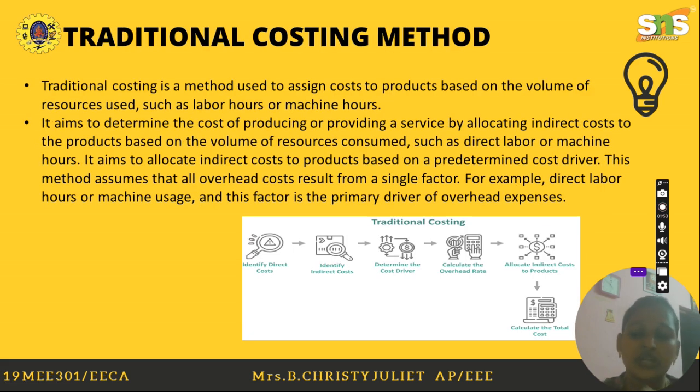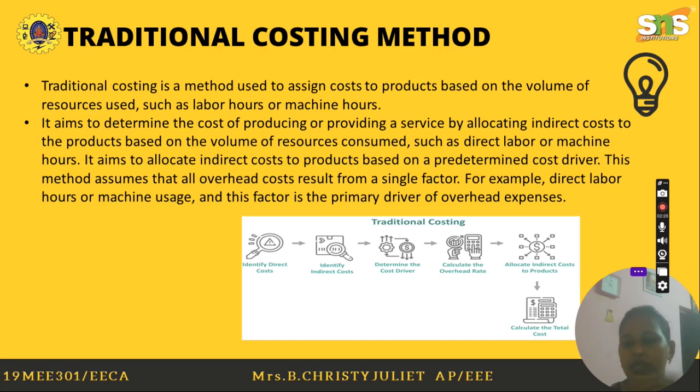First, let's look at the traditional costing method. The traditional costing method is an approach used to assign cost to products based on the volume of resources used, such as labor hours or machine hours. It basically aims to determine the cost of producing or providing a service by allocating indirect cost to the products based on the volume of resources consumed.